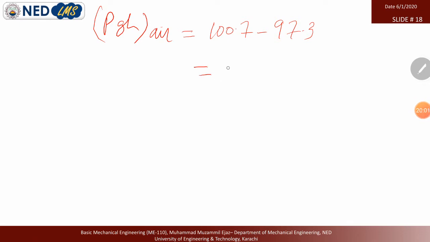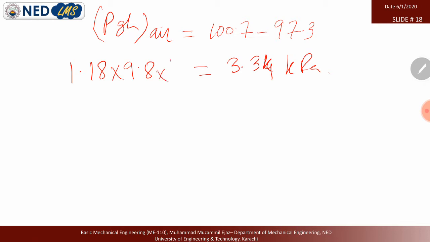So this is minus 3.34 kilopascal, and P = ρgh, where ρ is 1.18, the density of air, multiplied by 9.8, multiplied by the height. Now we get the height. We convert kilopascal into pascal to get the height in meters.